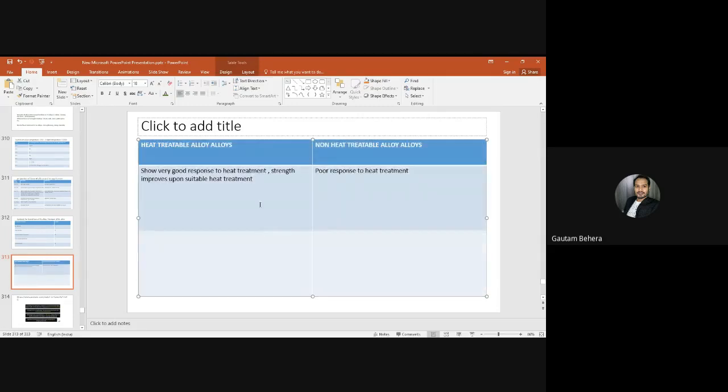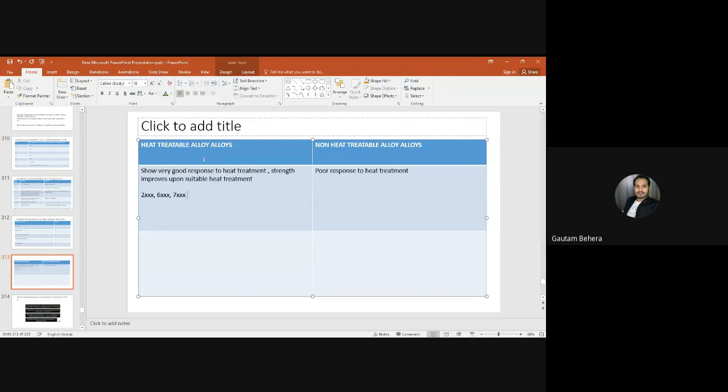So, which category of aluminum alloys comes under heat treatable aluminum alloys? Those aluminum alloys which form precipitates upon aging and provide precipitation hardening. Already we remember 2000 series, 6000 series, and 7000 series.